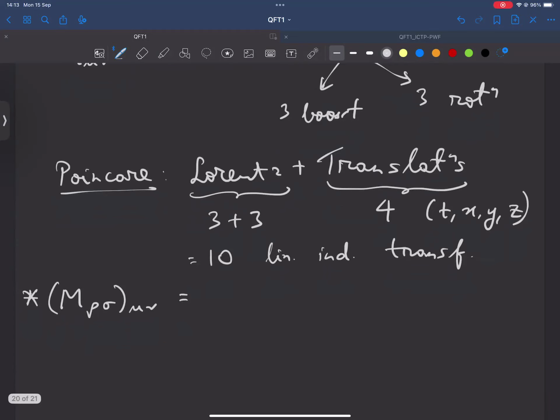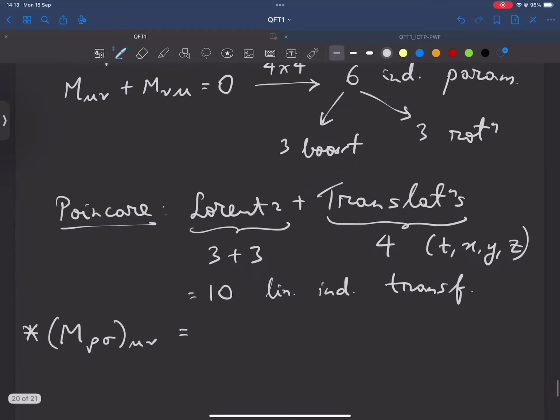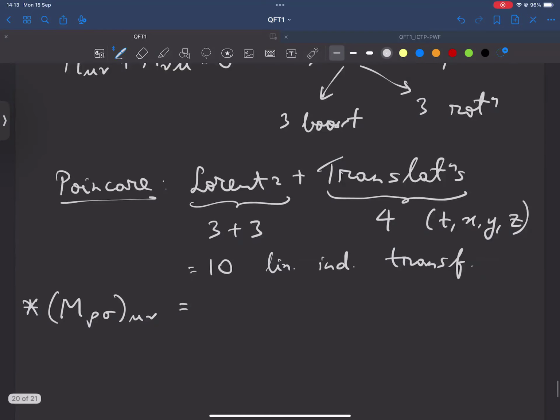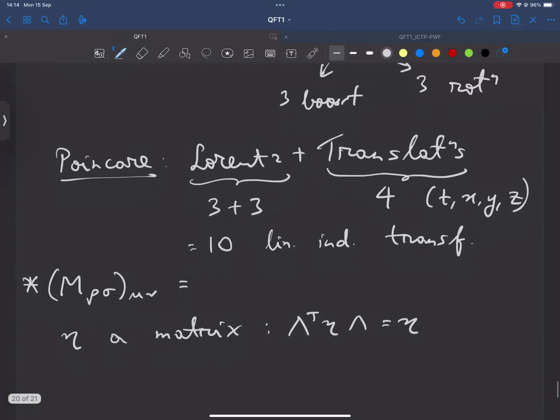Why did it take that form? So let me argue that again. So you know that we have eta as a matrix, the Minkowski matrix, that is Lorentz invariant, right? So that satisfies this equation, which is the defining equation for Lorentz transformations.